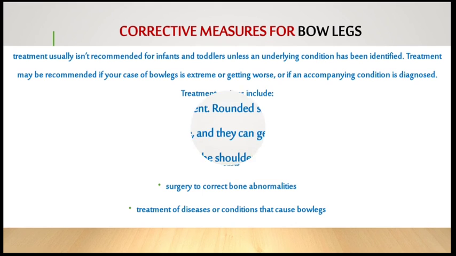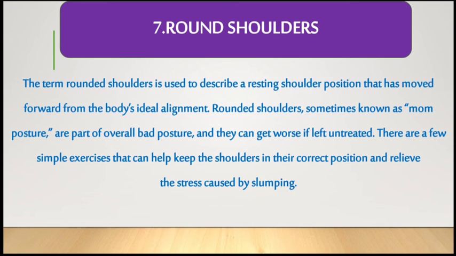Okay, class. Now we're talking about our next deformity, round shoulder. The term round shoulder is usually used to describe a resting shoulder position that has moved forward from the body's ideal alignment.